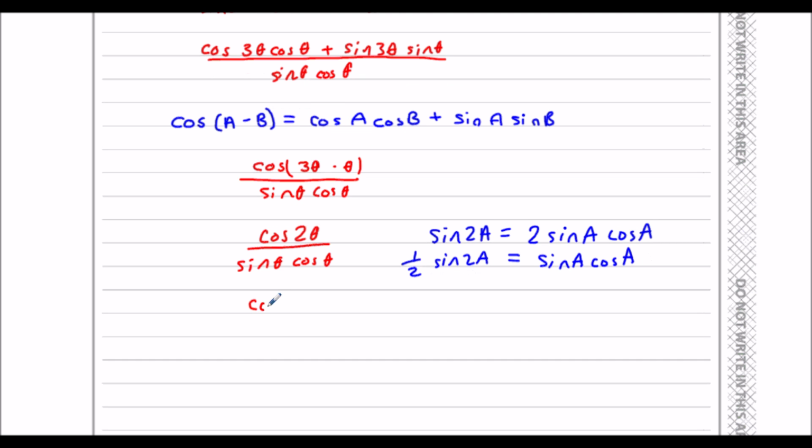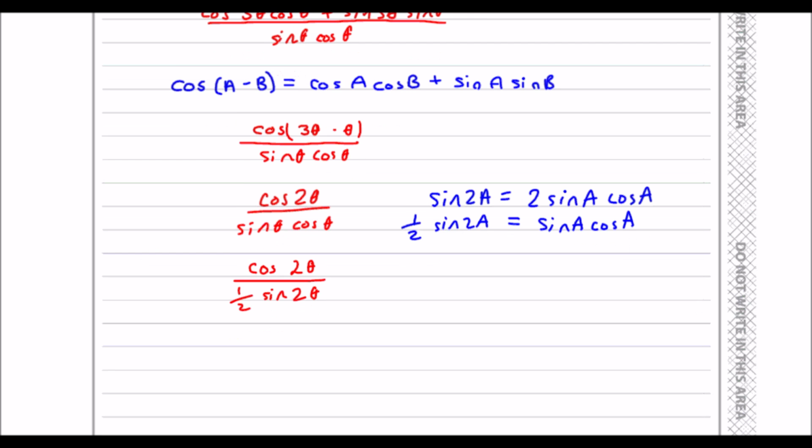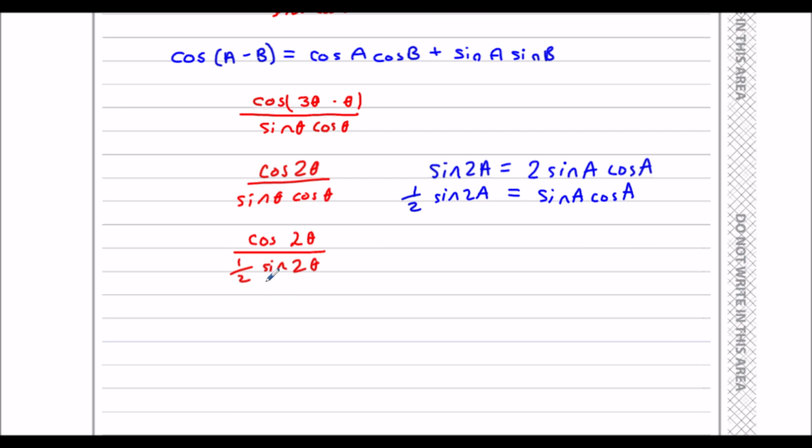So we've got cos 2 theta over half of sine 2 theta. Instead of dividing by a half, we can multiply by 2, or think of it as doubling the top and the bottom. So 2 cos 2 theta over sine 2 theta.